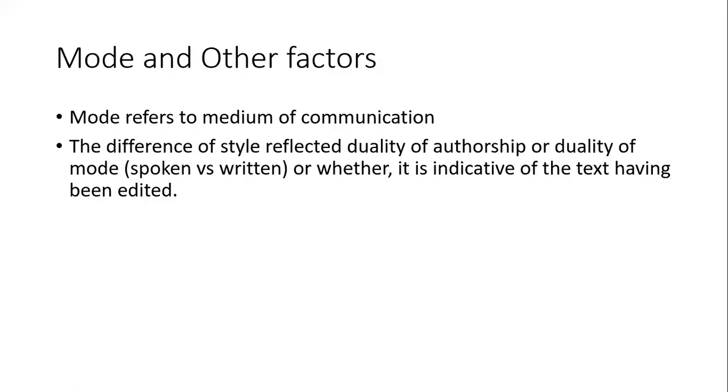So you have to look for that. And when the person changes it, it's very obvious that it can be duality of the authorship, or it can be indicative of the fact that the text has been edited.